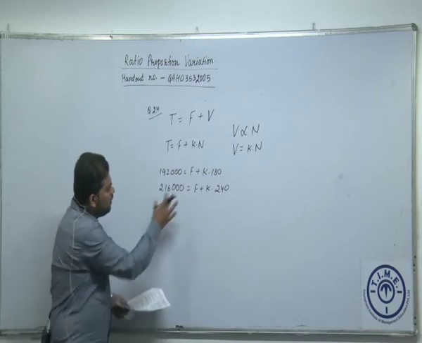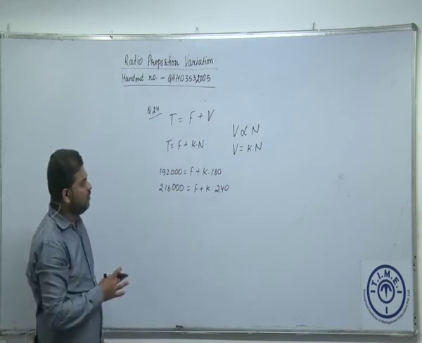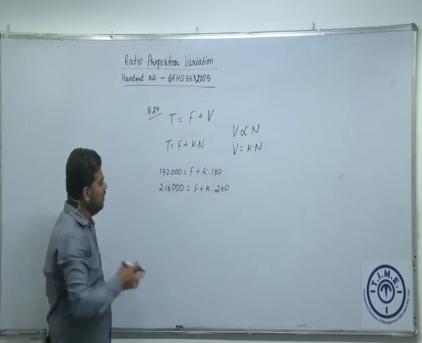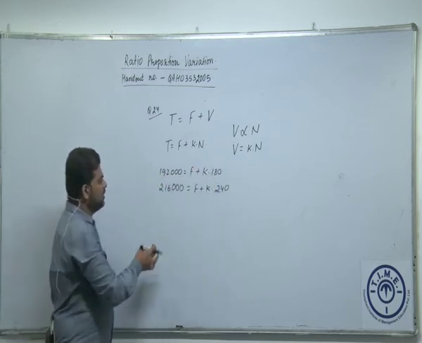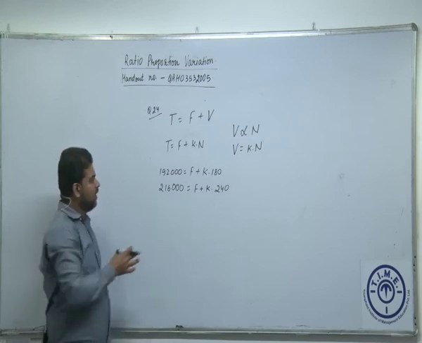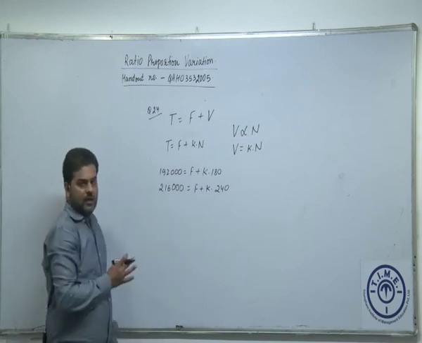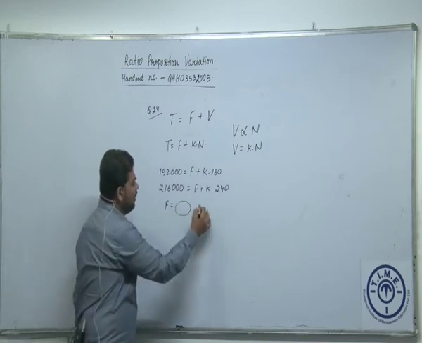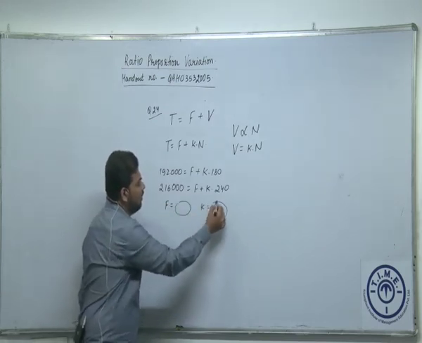So what do you see? Is it not 2 equations, 2 variables? So it is F plus 180K is equal to 1,92,000 and F plus 240K is equal to 2,16,000. Can you solve this and get the value of F and also the value of K, right?